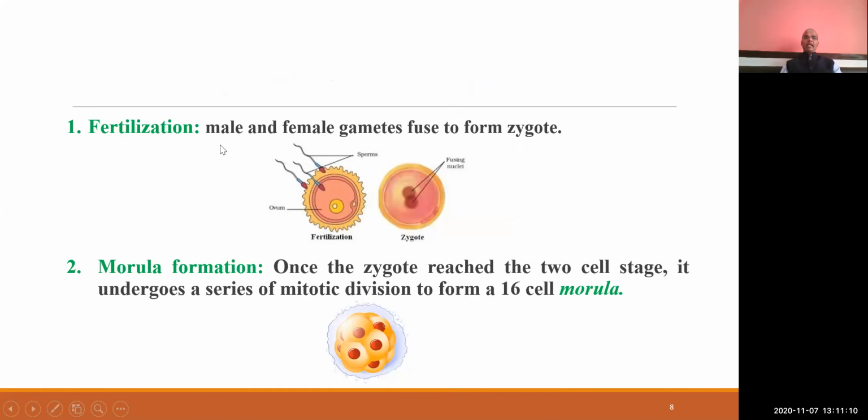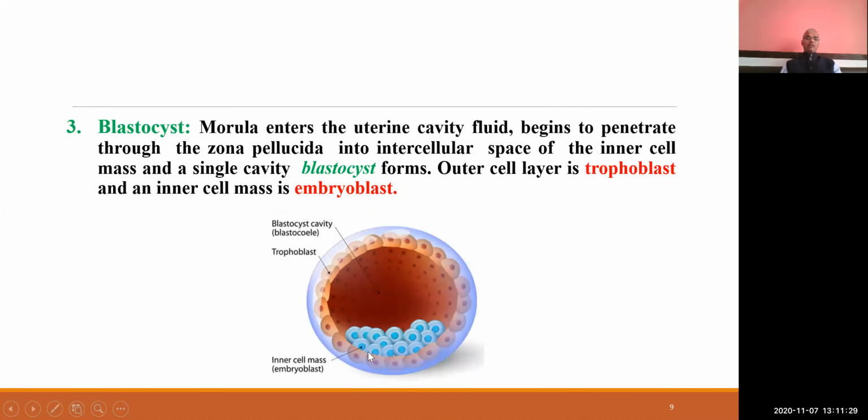In fertilization, male and female gametes unite to form the zygote. Once the zygote reaches the 2 cell stage, it undergoes a series of mitotic divisions to form a 16 cell stage, which is called the morula. The morula is then converted into the blastocyst by cleavage of cells.